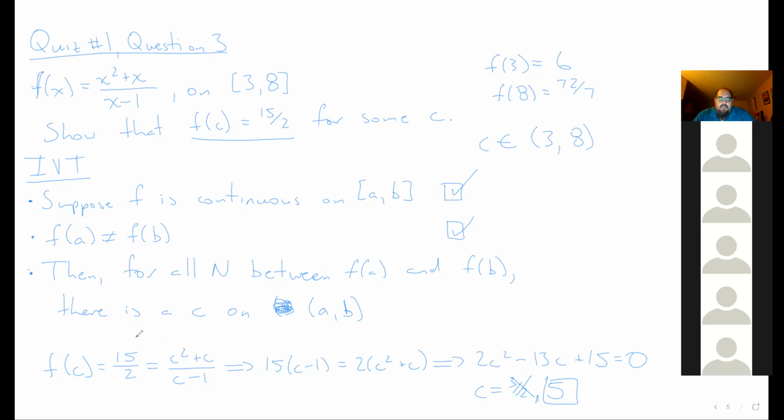I could have replaced 15 halves with 7, and the theorem would still give that to you. It wouldn't give you a c value as nice as 5, but you would still be able to find one. Let's say you had f of c equals 7. Then basically you're going to do this: 7 equals c squared plus c over c minus 1. And then you're solving that equation.